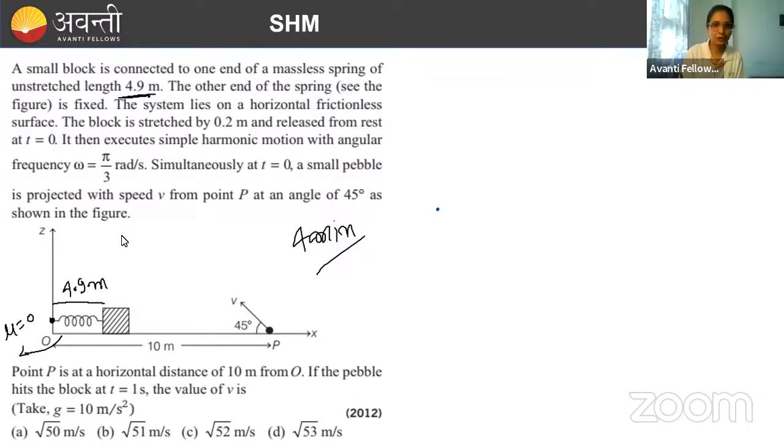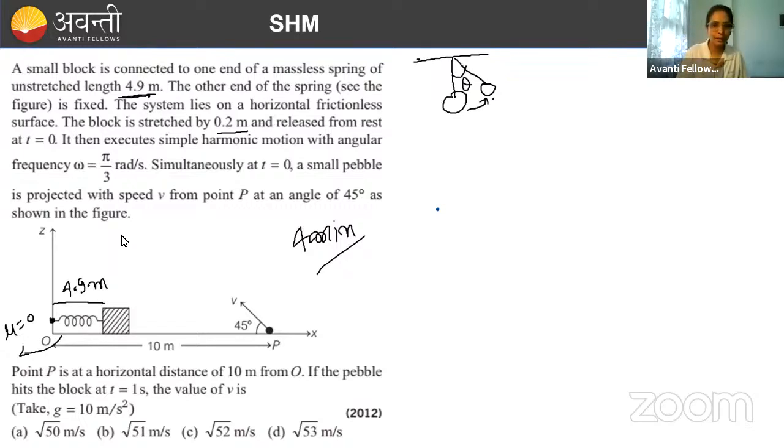The block is stretched by 0.2 meter and released from rest at t equal to 0. At t equal to 0, what is happening? We are taking the block to a distance of 0.2 meter, and then we are leaving it. You must have studied in SHM that if we have, suppose, a block here, a simple pendulum here, and this is at rest. At t equal to 0, I'm just lifting it by an angle theta, and then I released it.